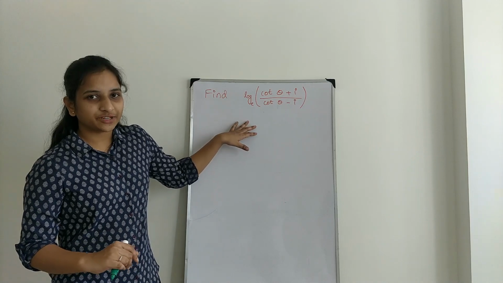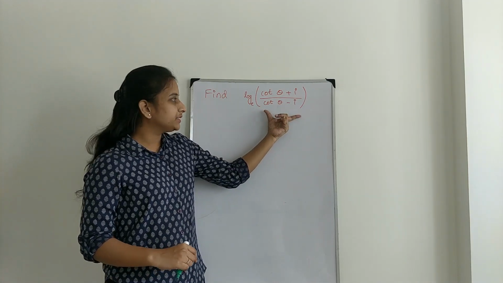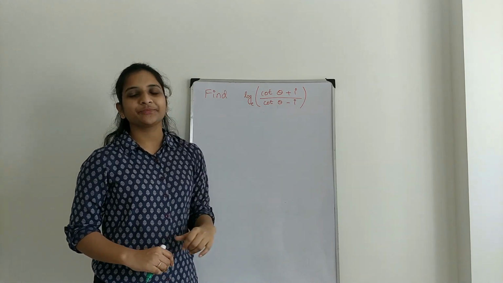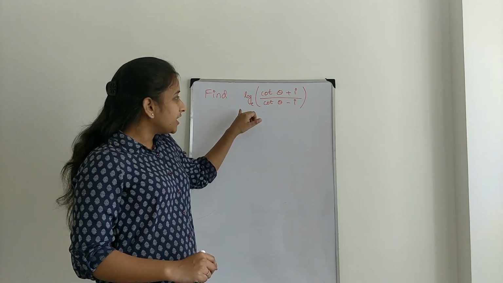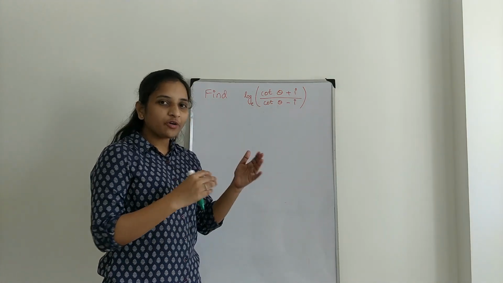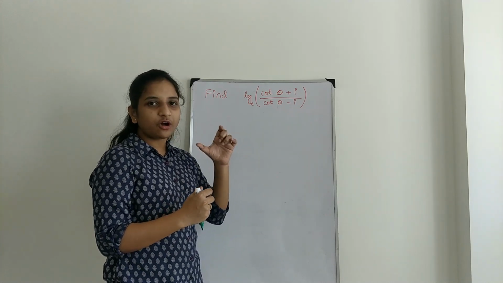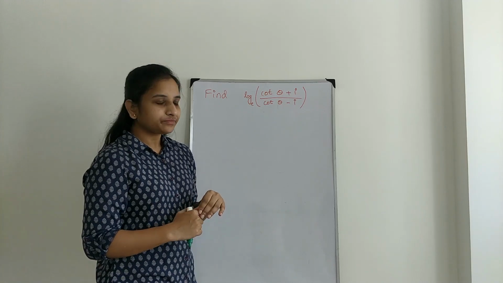Now let's solve this question. The question is: find the logarithm of this bracket. Okay, how will we solve this? See, the logarithm of complex numbers you cannot do directly. You have to bring this into some standard, easy form so that you can apply log easily.